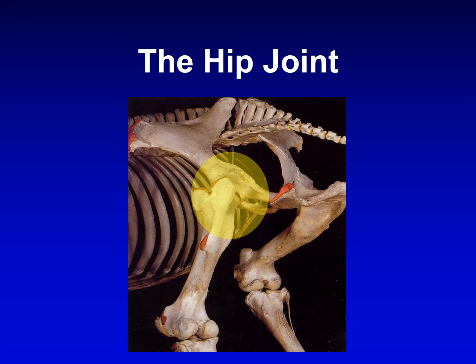Now, the articulation is strengthened by a number of structures. First, let's take a look at the acetabulum and how it is formed, and then after that we'll talk about the structures that strengthen this articulation.